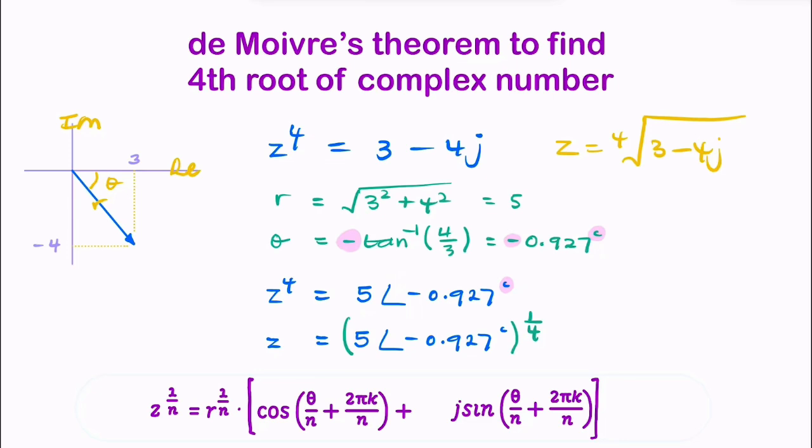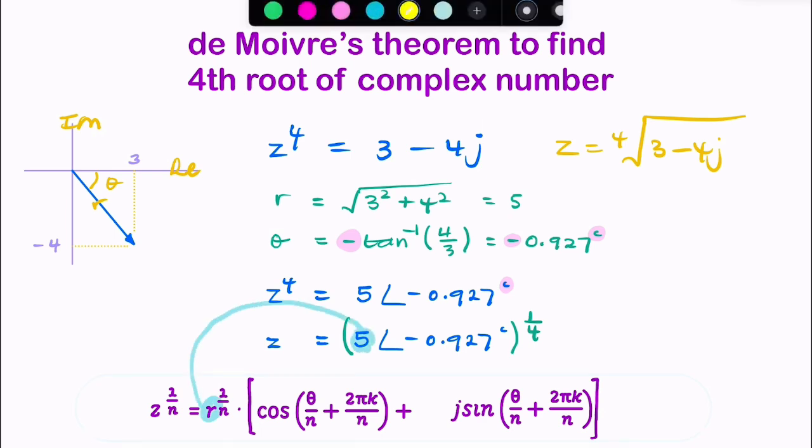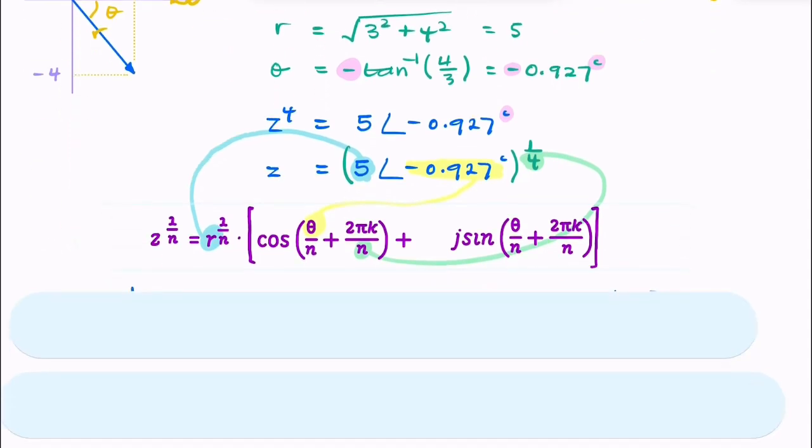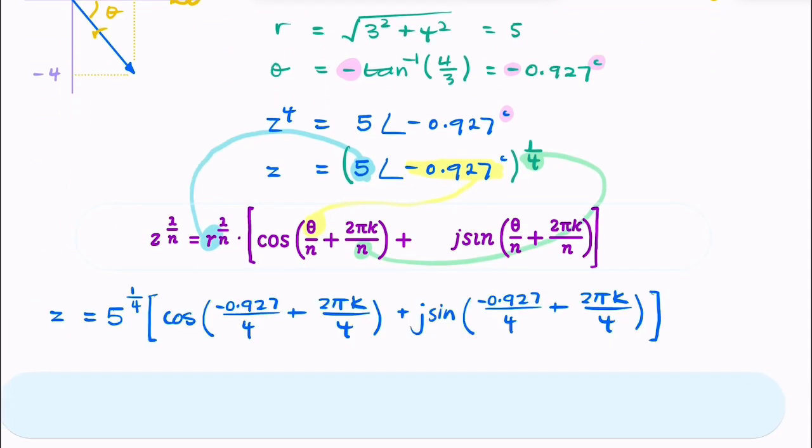Okay, so just to be clear, r here is 5 and theta is negative 0.927 and n is 4 because we're trying to find the nth root, 1 over n.